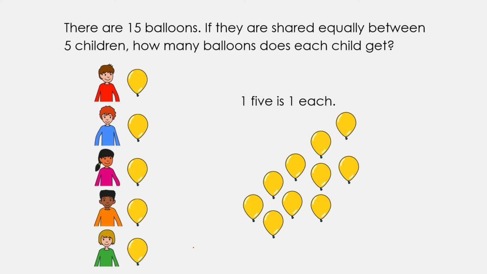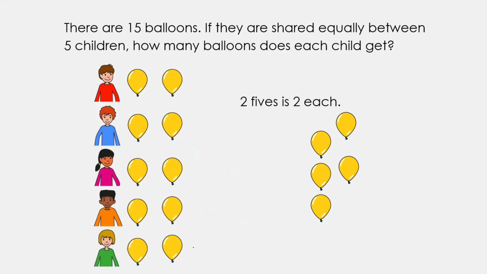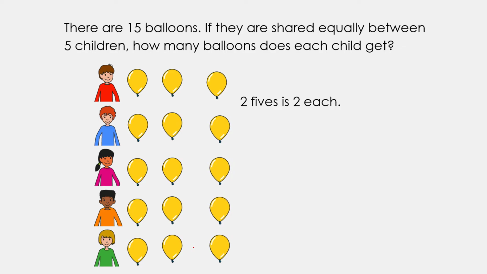That's 5 of our balloons. 2 5s is 2 each. That's 10. 3 5s is 3 each. And that's 15. 15 shared between 5 is how many each?